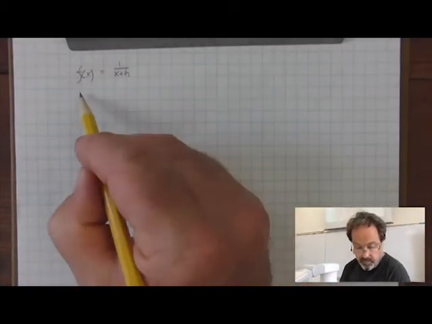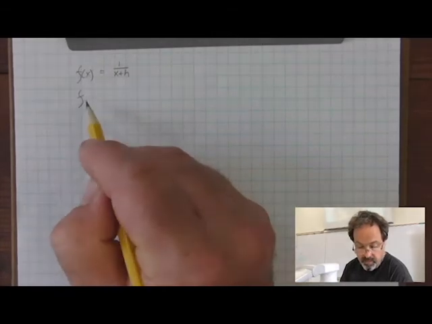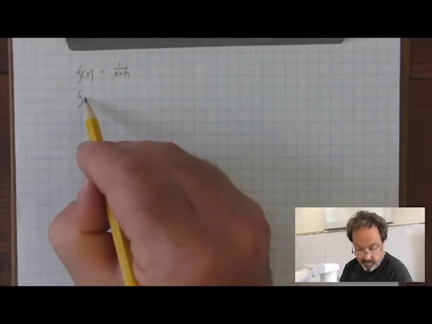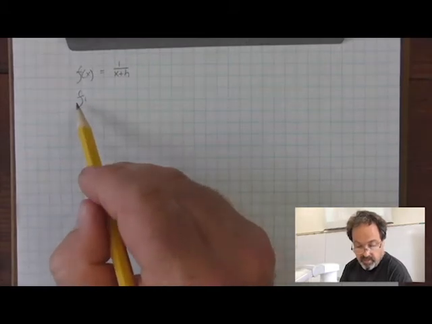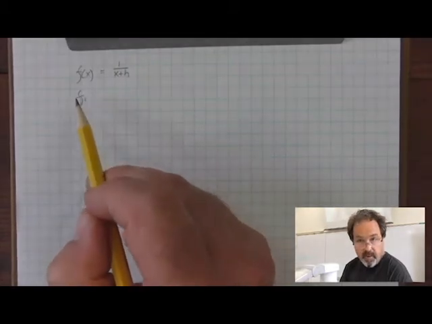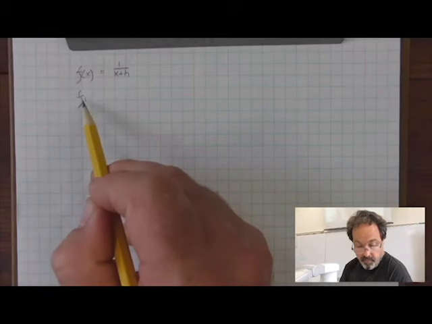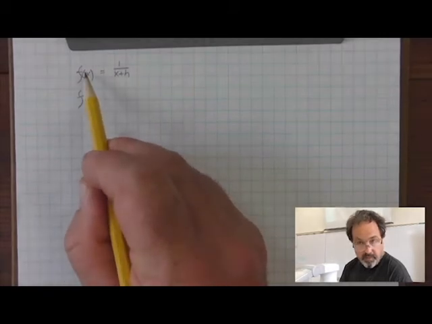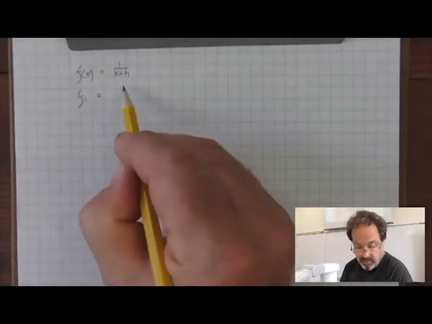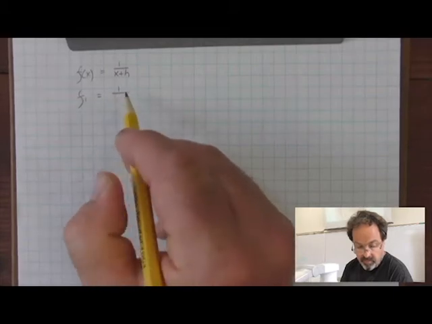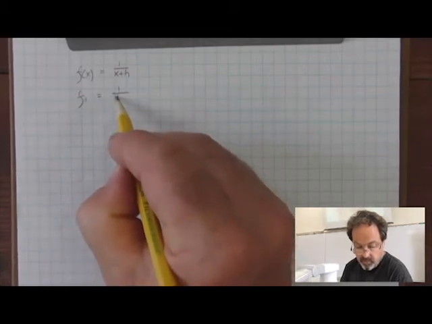For example, I could refer to the f function, but I'm going to write a 1 and read this as f sub 1, a version or a form of the general f function. And I'm going to create that by choosing a specific value for h. I'm going to choose 3.